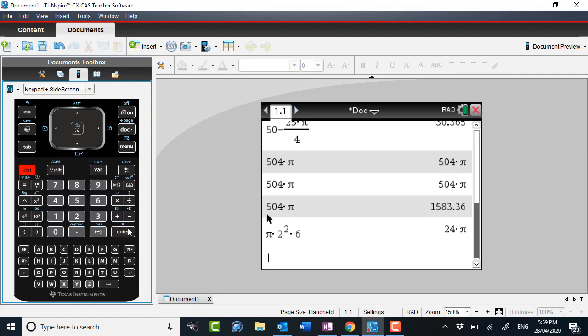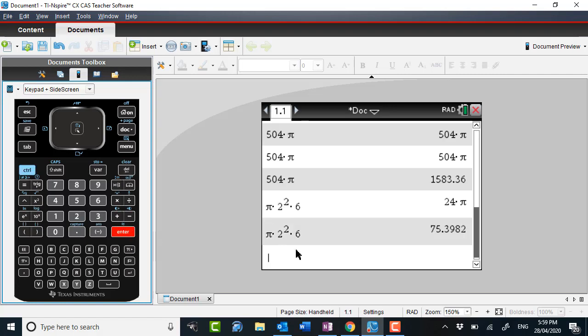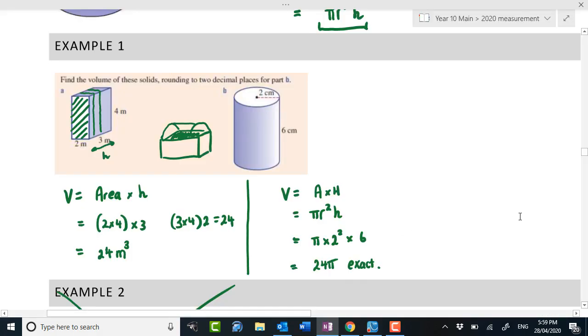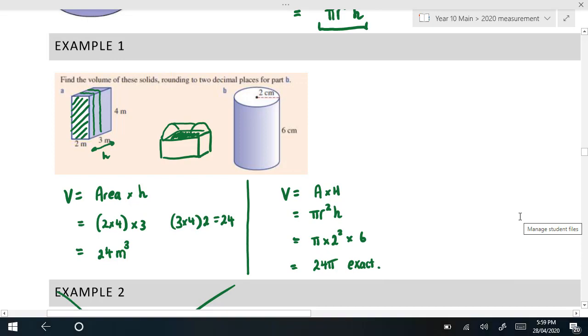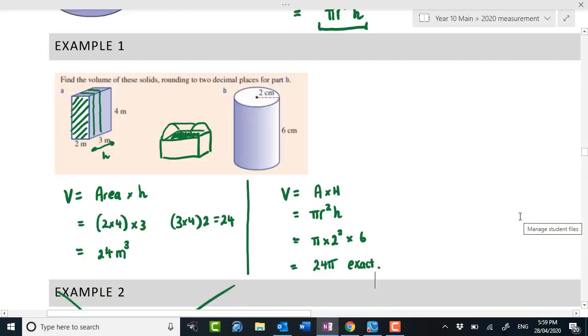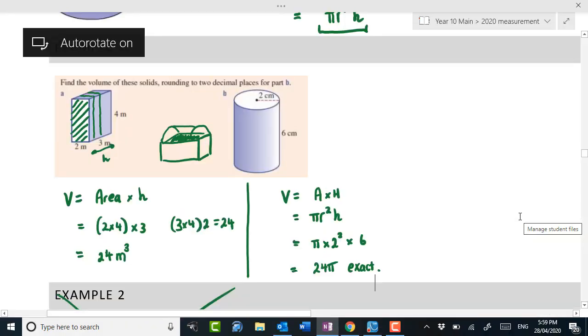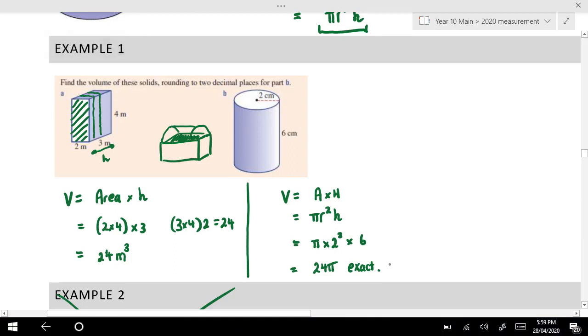You need to press Control Enter, 75.39. Well, let's round that up, 75.40. Okay, 75.40 is our answer to 2 decimal places. And once again we're looking at centimetres, so it's going to be centimetres cubed.